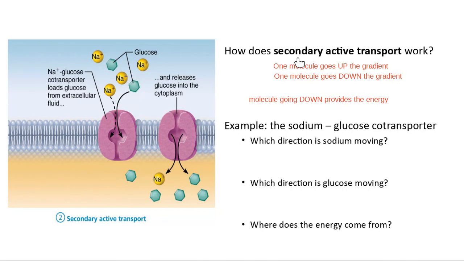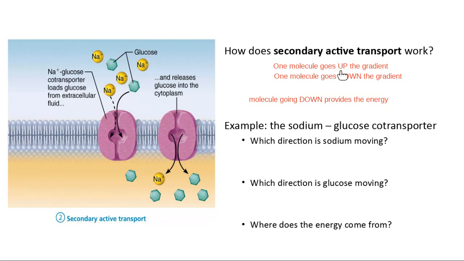So in secondary active transport, somebody's going down their concentration gradient. That lets out energy, and that energy allows somebody else to go up their concentration gradient.